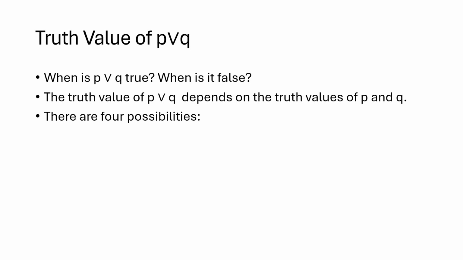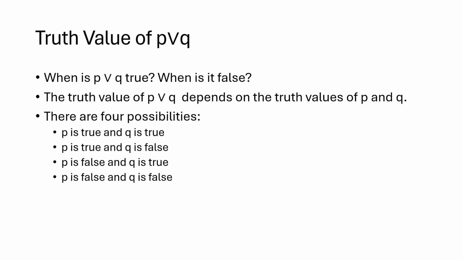And similar to conjunction, the truth value of P or Q depends on the truth value of P and also the truth value of Q. And again, similarly, we are going to consider 4 possibilities, all possible scenarios. Either they're both true, or P is true and Q is false, or P is false and Q is true, or they're both false.